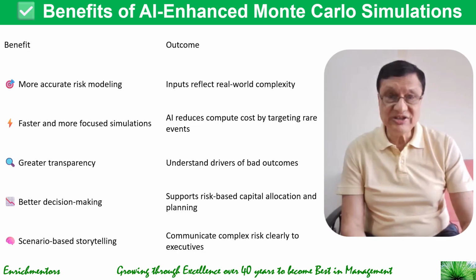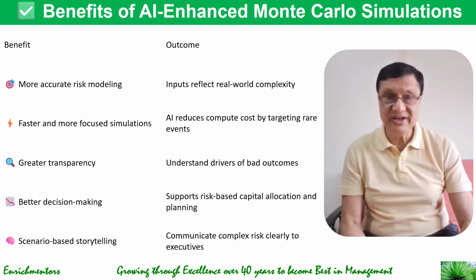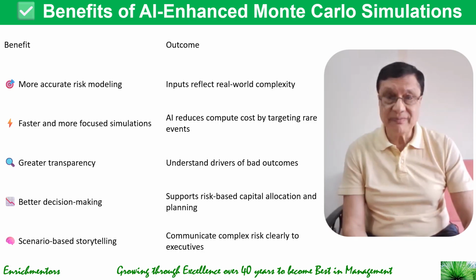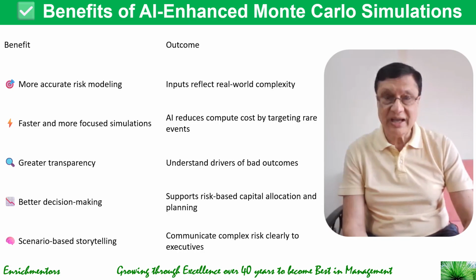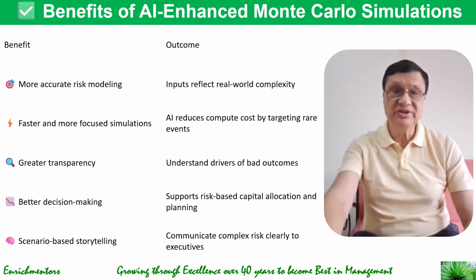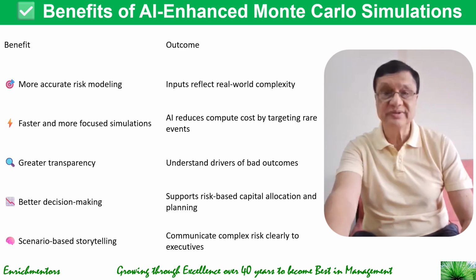Also, there is greater transparency, which helps you understand drivers of bad outcomes, the key variables, leading to better decision making that supports risk-based capital allocation and planning. And you can also do scenario-based storytelling to communicate complex risks clearly to the executive. So these are some benefits of AI-enhanced Monte Carlo simulations.